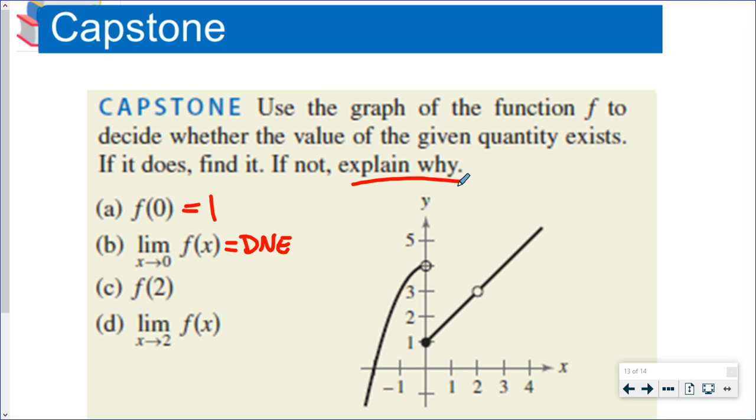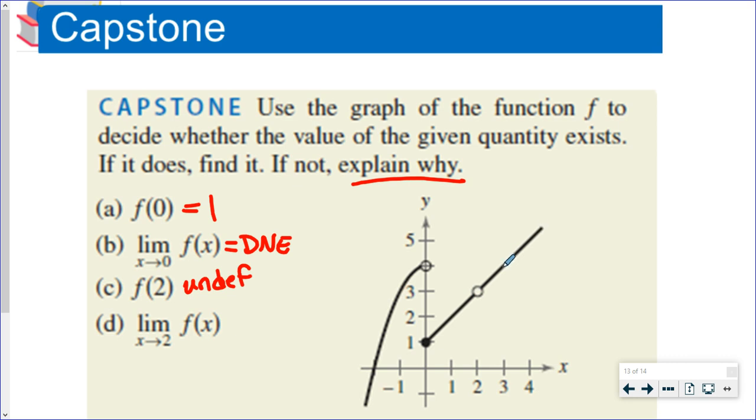Right, reason 1. So f of 2, when x is 2, what is my y? It's not 3, because this is an open circle. It's undefined. There is no function value there. What about the limit as x approaches 2? As my x coordinate gets closer to 2, what does my y coordinate get close to? 3.